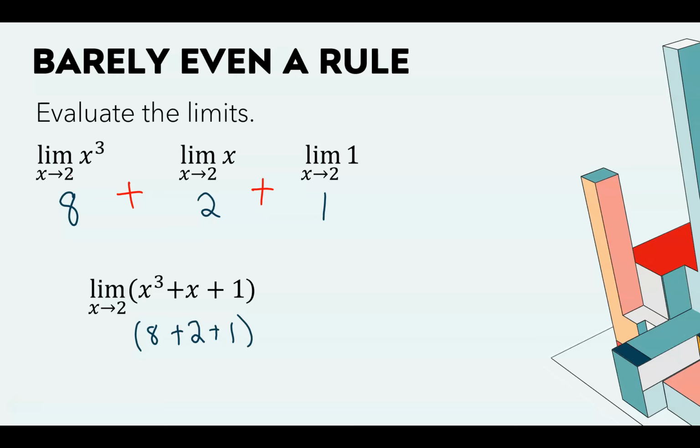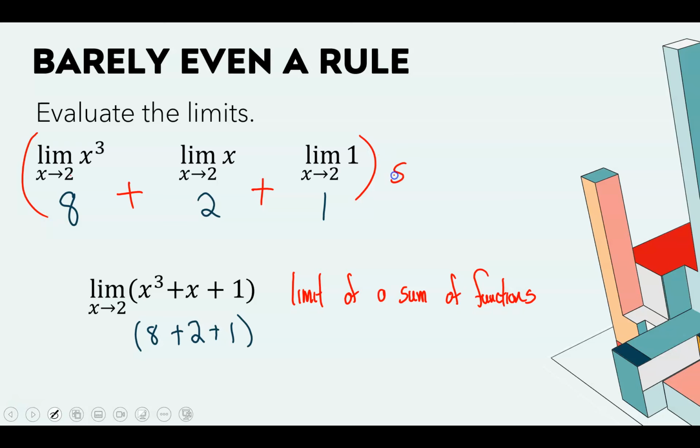What this says is the limit of a sum of functions, right? We added the functions together into the limit, is the same as the sum of the limits of those functions.